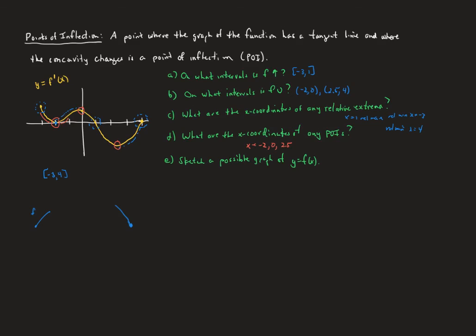Can we sketch a graph of this? Let's see if we can do that. We have no y values, so I'm just going to start the curve right here. It's going to be increasing and it's going to be concave down until we hit this x value right here.